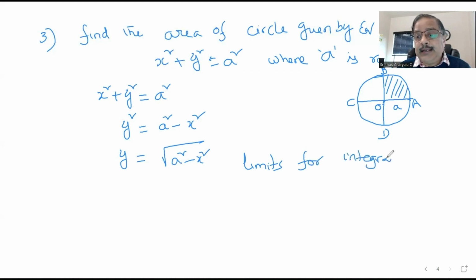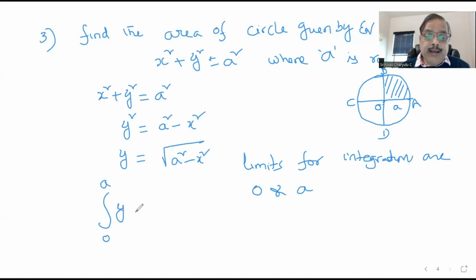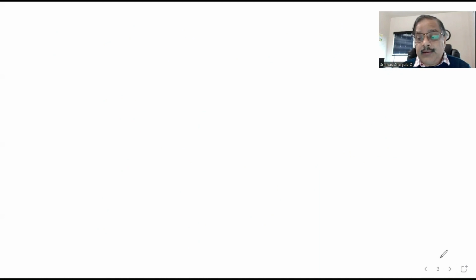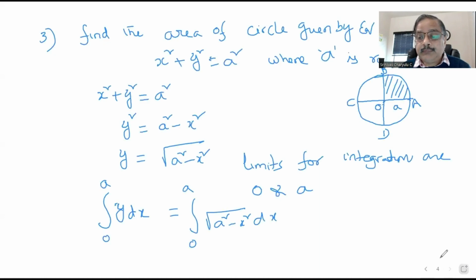Limits for integration are 0 and a. So integral 0 to a y dx. This is our integration. What is our y now? y is nothing but root of a square minus x square dx. So now this formula you can straight away take.